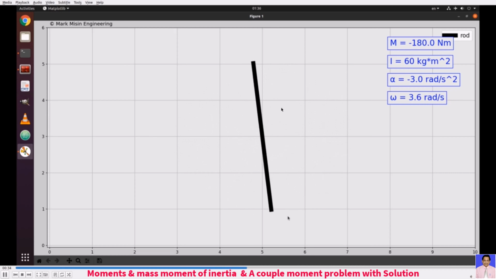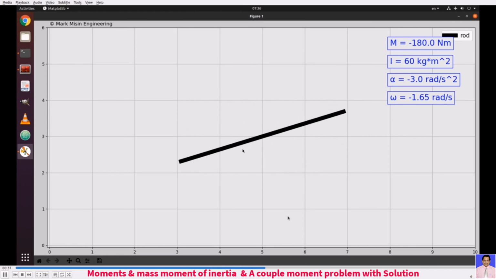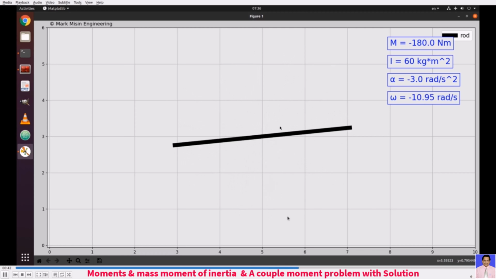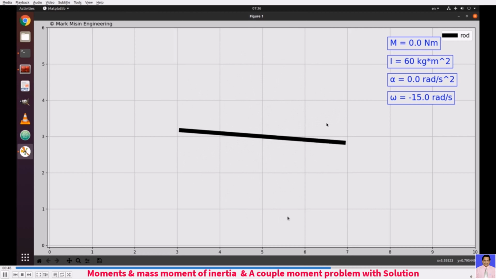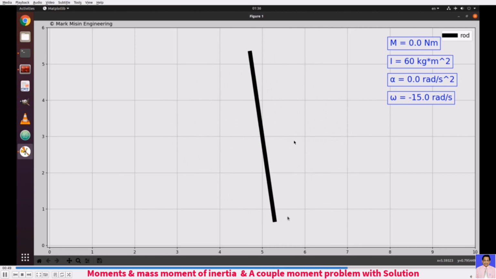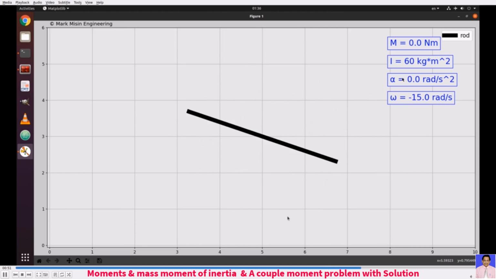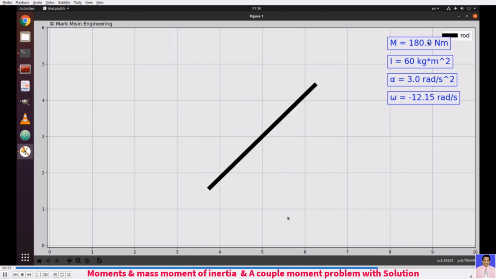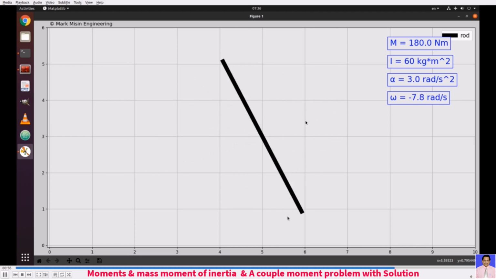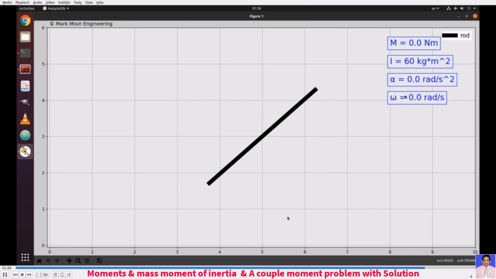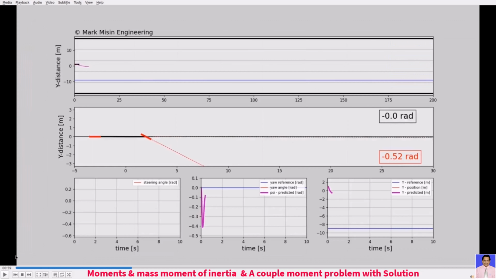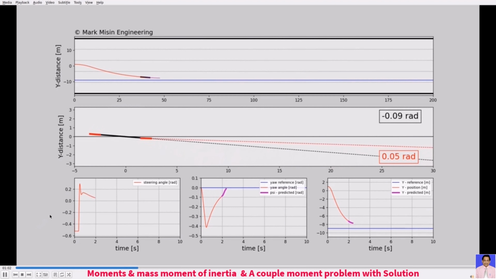So the rod obviously becomes slower and then it starts rotating in another direction up until the moment becomes 0 newton meters again. And so you have constant rotation. And then after some time, your moment again becomes positive, and so the rod will slow down because its omega will go towards 0.